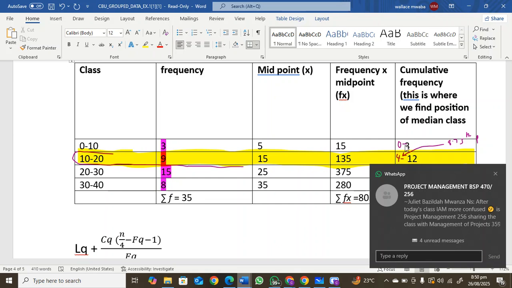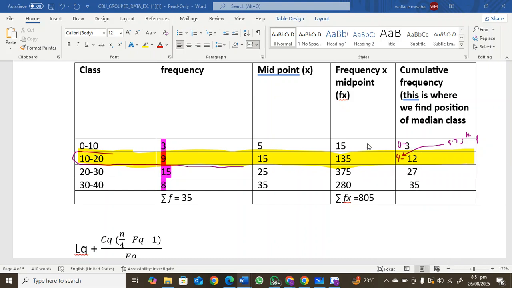Then that's how you interpret this cumulative frequency column, sir. Because this cumulative frequency column, as you can see, originally it's 3, 12, 27, and 35. So the way you can interpret it, if you put it in ranges, since 0 is the smallest number, 0 to 3. Then after 3, it comes 4. 4 to 12.